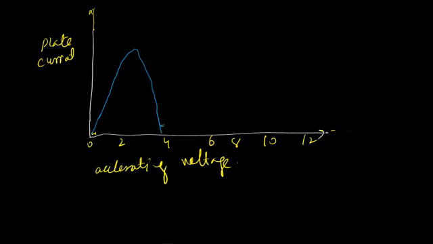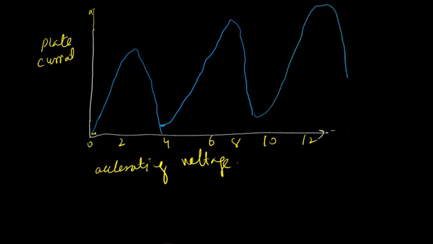Then again we increase the voltage, we get another peak, and then it again drops down to 0. In this way we get different peaks, and a series of critical potentials is obtained.